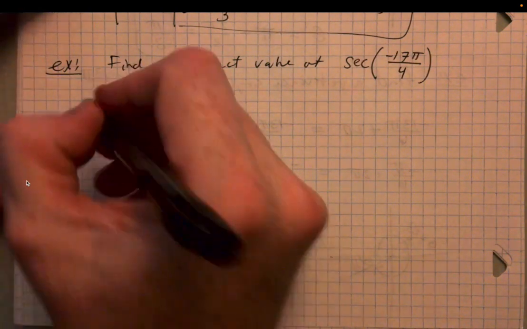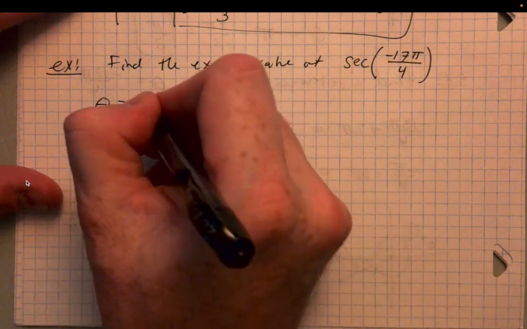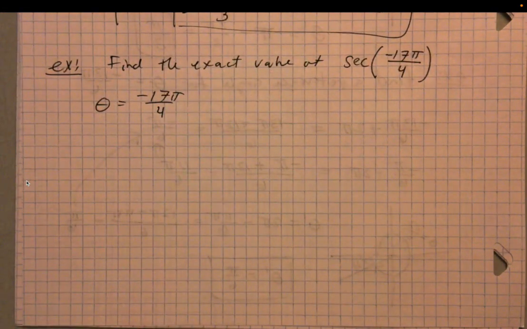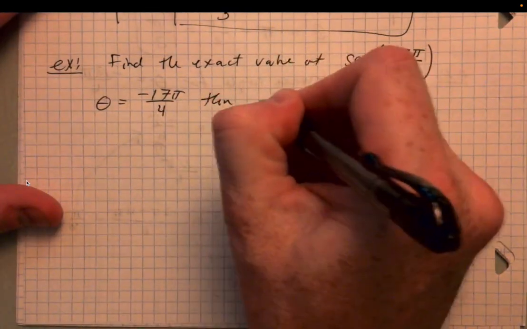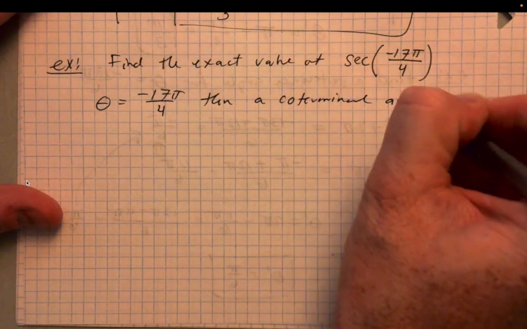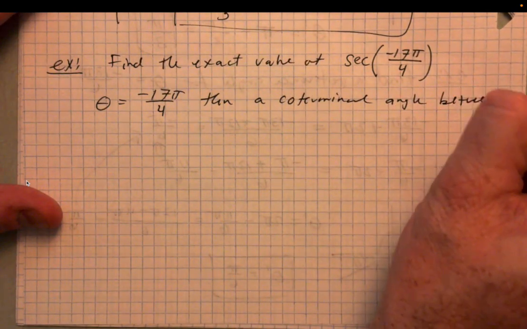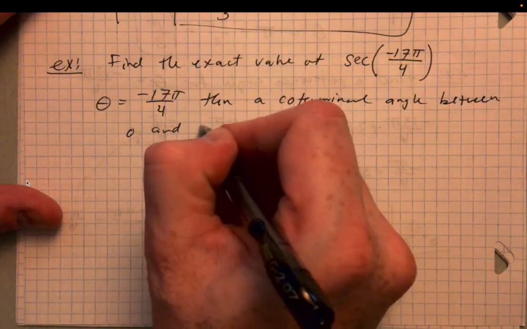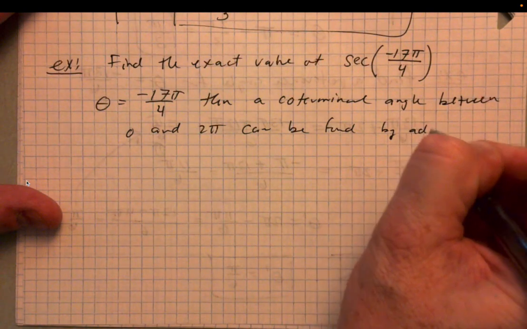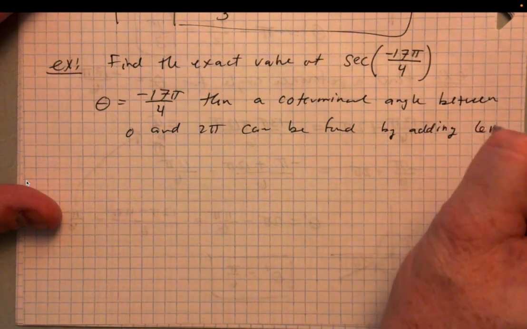Okay, so if theta is equal to negative 17 pi over 4, then we could find a coterminal angle by adding 6 pi to this. A coterminal angle between 0 and 2 pi can be found by adding 6 pi.